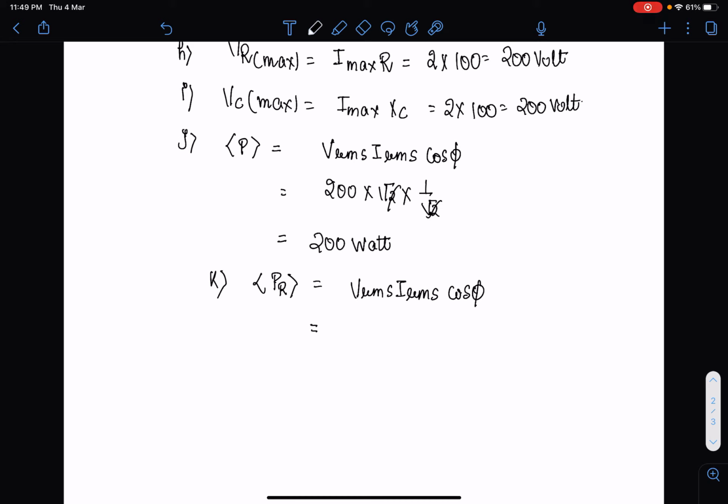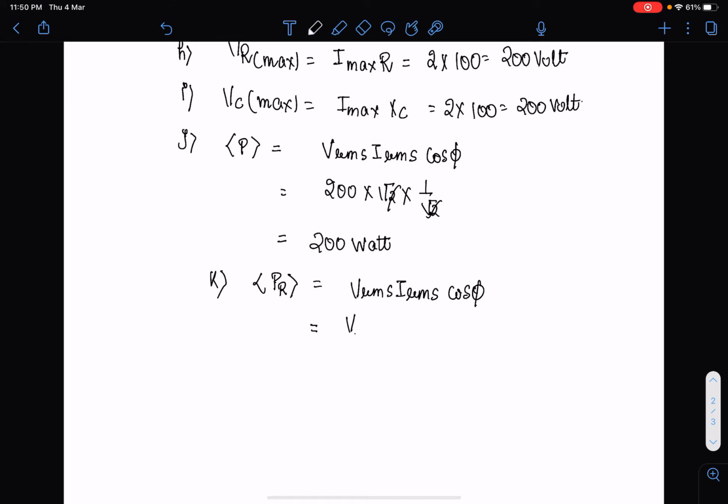Now we have to calculate the average power across resistance, and we know that across resistance current and voltage are always in the same phase. This means there is no phase difference between voltage and current. That means phi is zero here, so cos phi will be equal to 1.